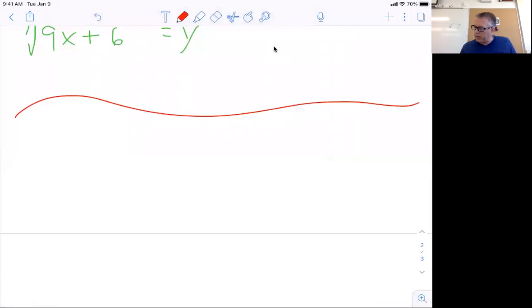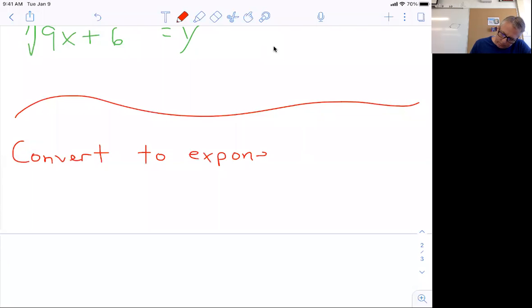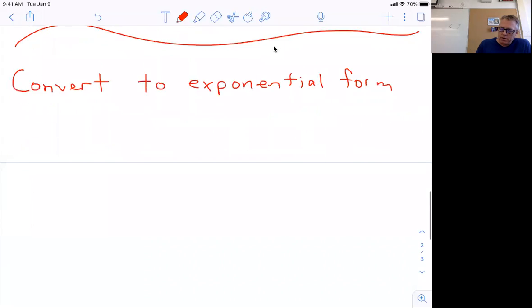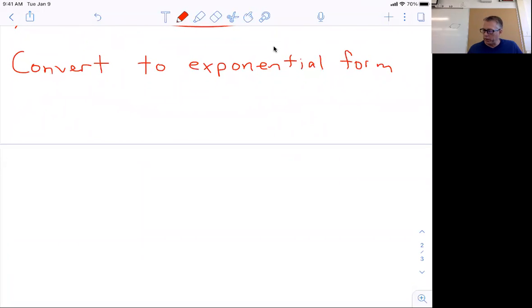In this kind of problem, we are going to convert to exponential form. So what we're going to convert is something that's in a logarithmic form, in a log form, and we want to write it in an exponential form.